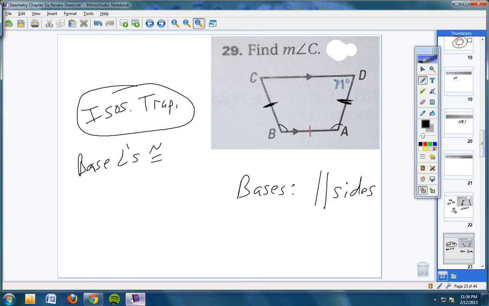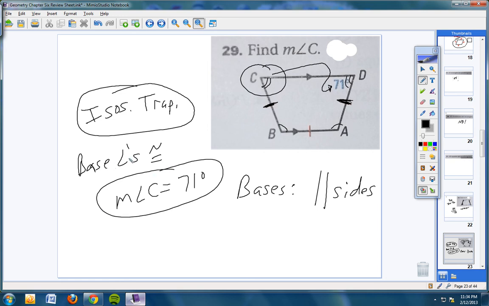I'm going to put two slashes up here. This angle here is congruent to this angle here. So they're asking you to find the measure of angle C. Well, it's going to be 71 degrees. So the measure of angle C equals 71 degrees. I want to stress this again. The only time that base angles are congruent is when you have an isosceles trapezoid.